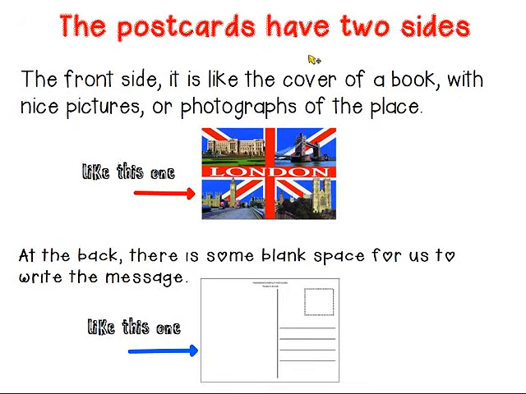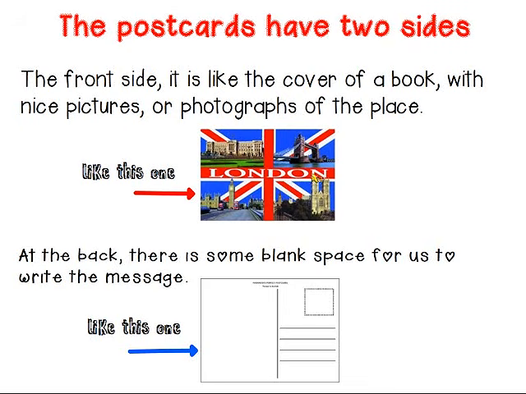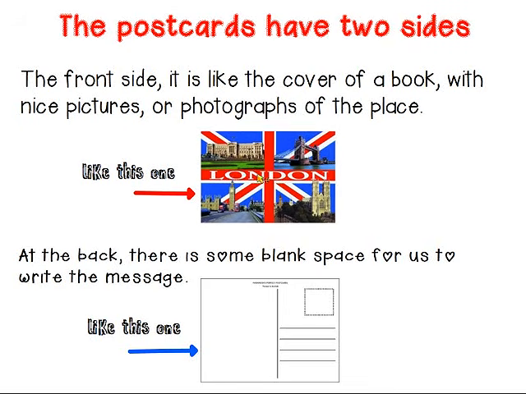The postcards have two sides. The front side is like the cover of a book with nice pictures or photographs of the place or places you can visit there. So this is a postcard from London, and it's very nice because it has the flag, the official flag of the UK, and some pictures of the main monuments in there.